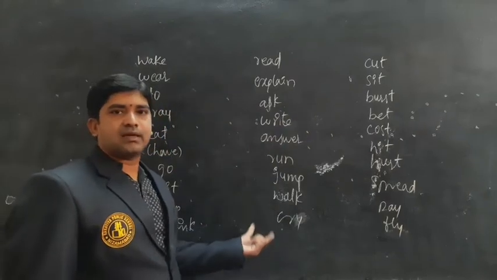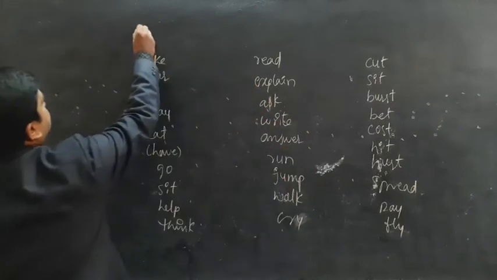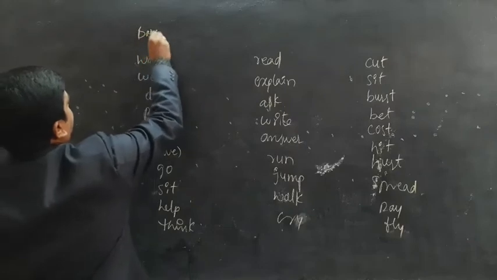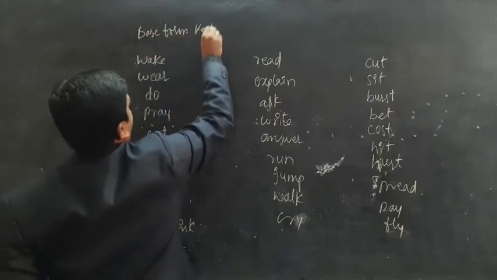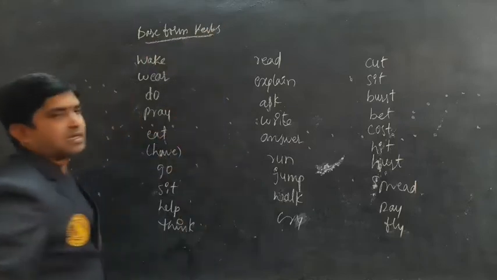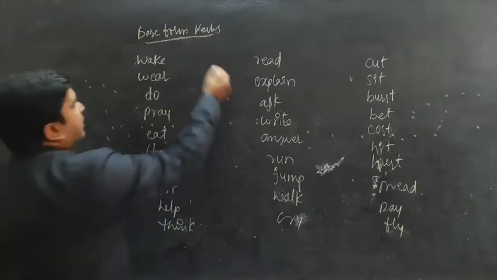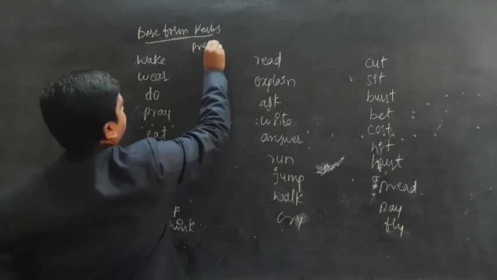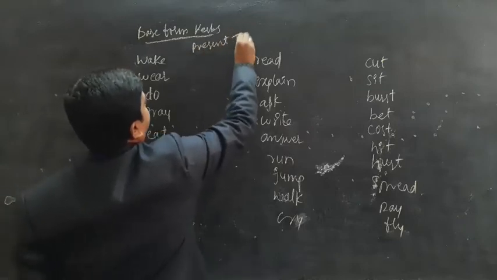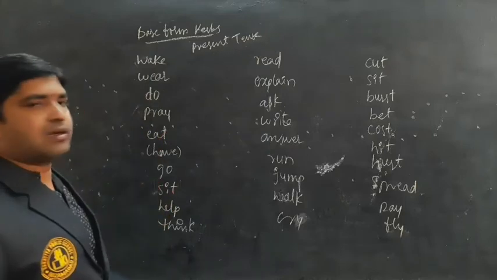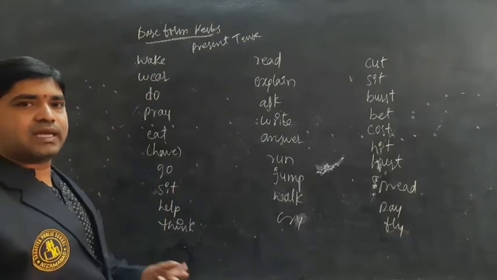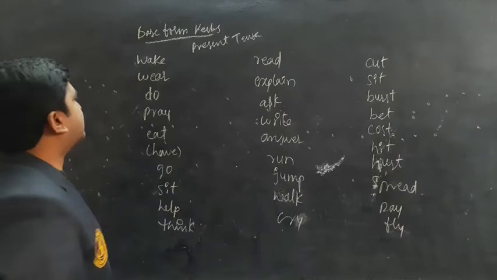These are the base form verbs, and all these verbs are in present tense. In the previous class we learned to add s, es, ies to the base form.